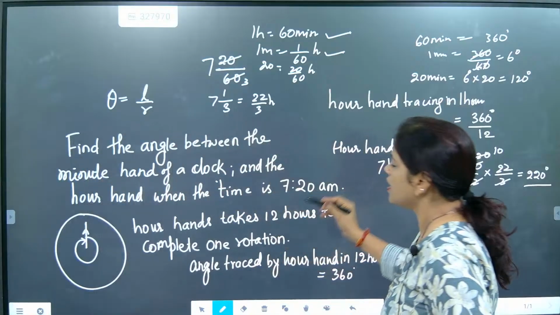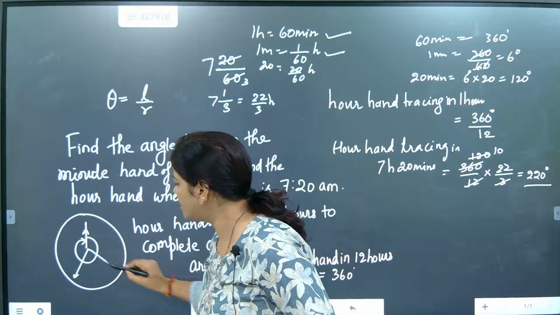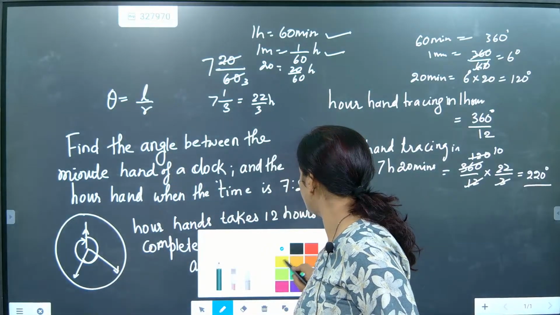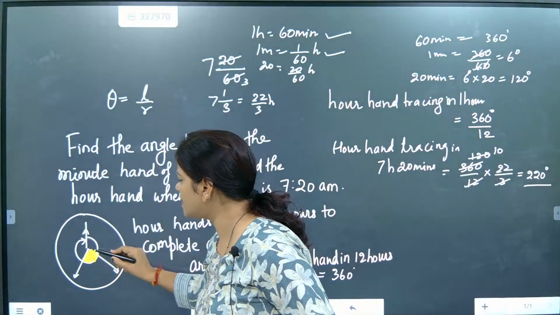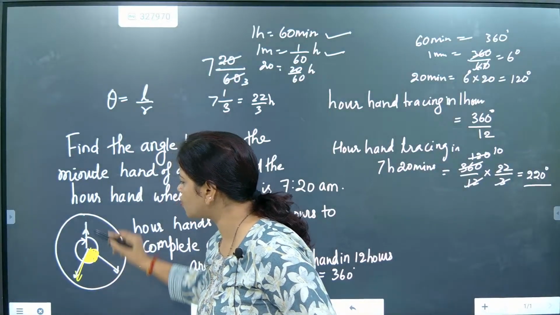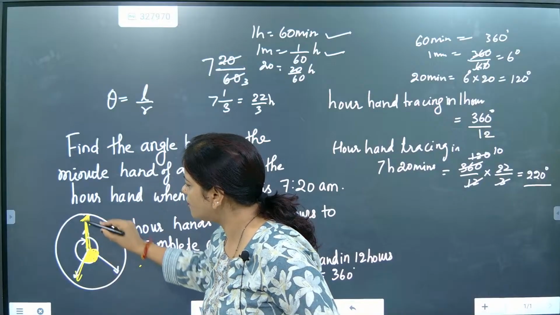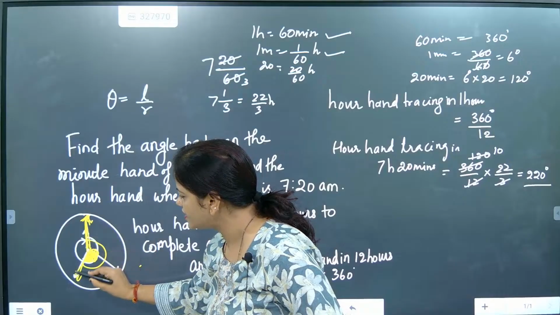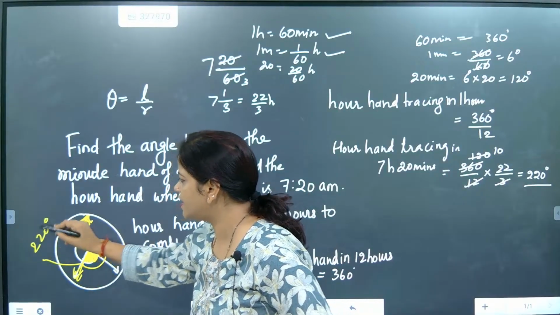So what is the angle at 7:20? If we check, 7 is here and 20 will be here. This angle we want, between the minute hand and the hour hand. For 7 hours 20 minutes, the hour hand starting from there, when it comes here, it is totally taking 220 degrees.